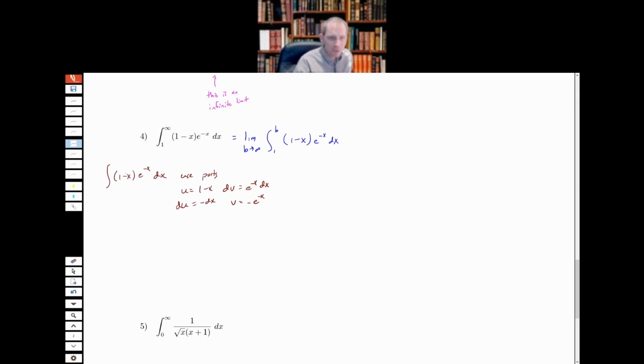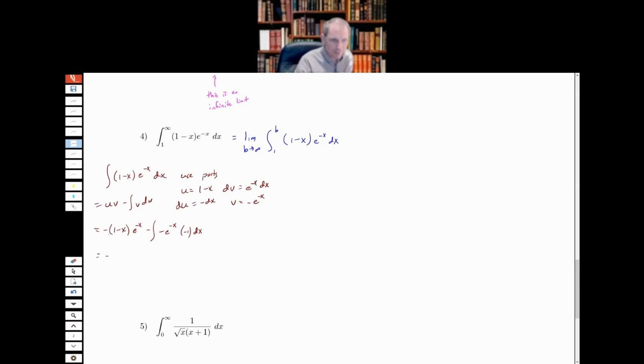Okay, so the integral of u dv is equal to uv minus the integral of v du. So if I plug in my pieces, I'm going to have 1 minus x negative e to the negative x minus the integral of e to the negative x and then a negative dx.